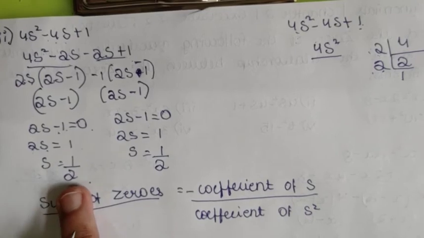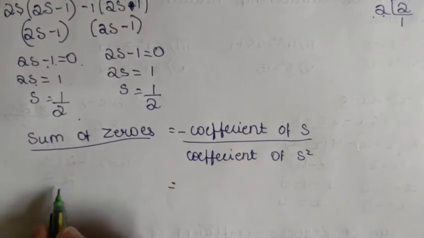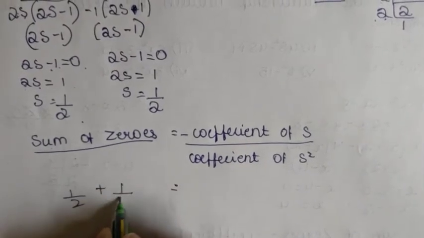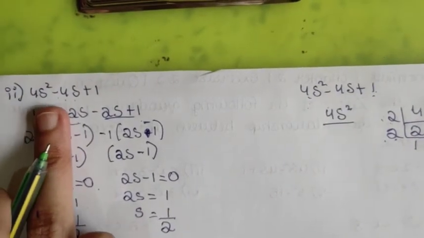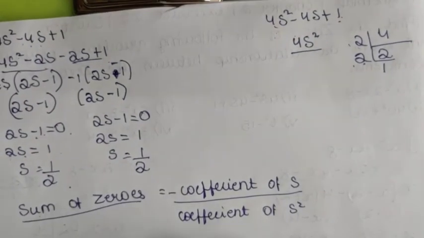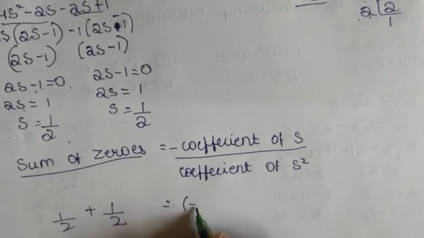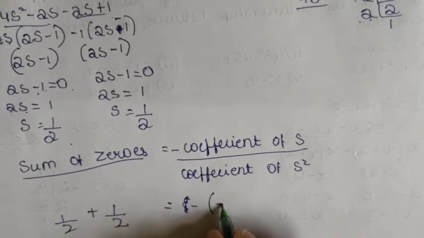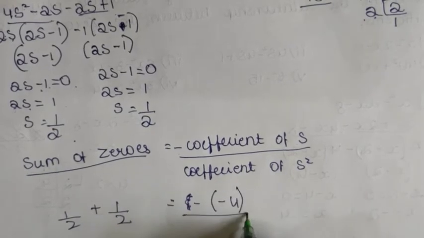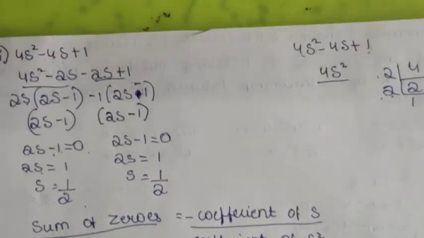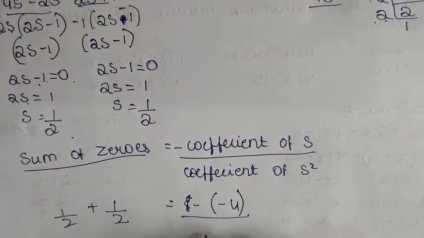Our zeros are 1 by 2 and again 1 by 2. So 1 by 2 plus 1 by 2 is equal to minus coefficient of s by coefficient of s square. Here the coefficient of s is minus 4, and the coefficient of s square is again 4, so I'll write 4 here.